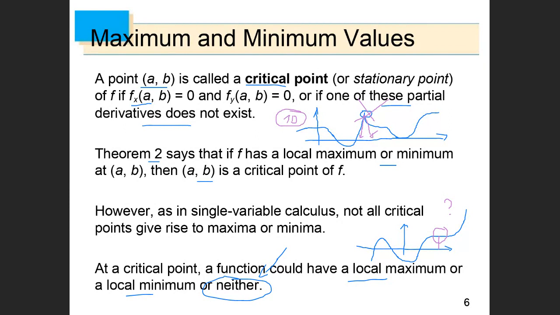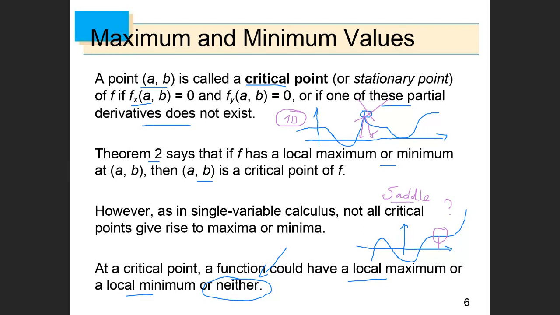Am I right? This is what we call in calculus 1, starts with S. It's a sad point. No, it's not a sad point. It's a saddle point. This is a saddle point.